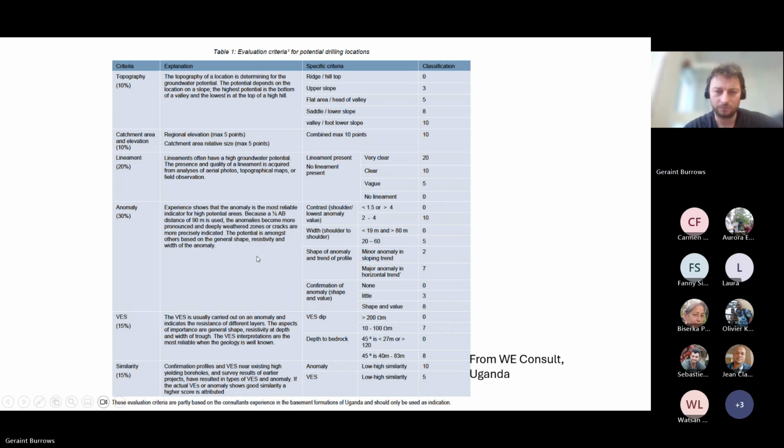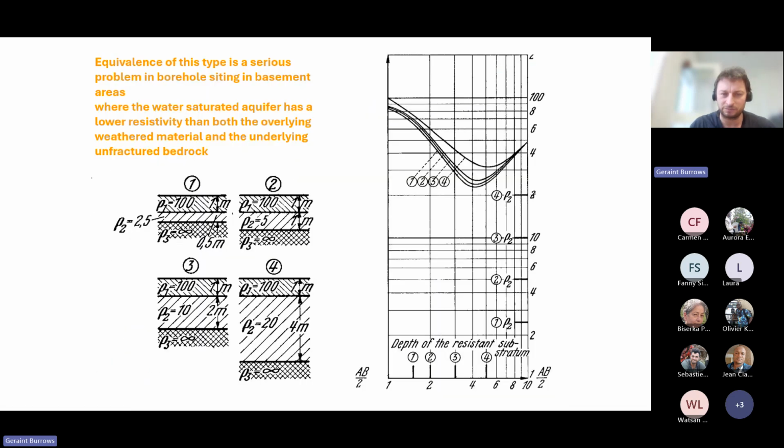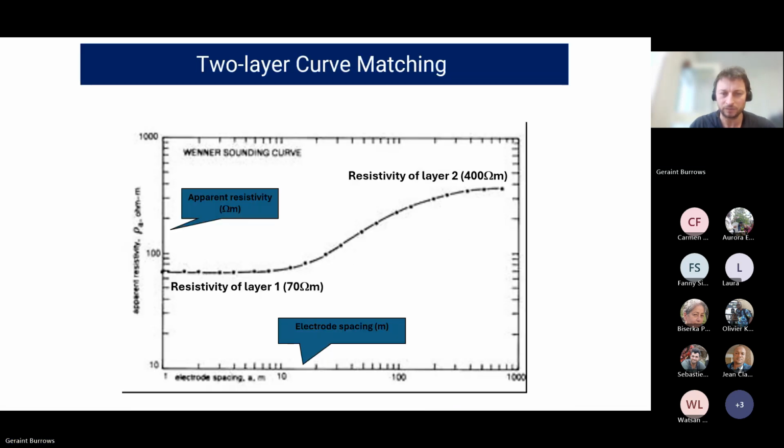The anomalies that you record, depending on the shape of the anomaly, will be compared with the background readings. So I'm going to have to probably go back to this to explain that in a bit more detail.